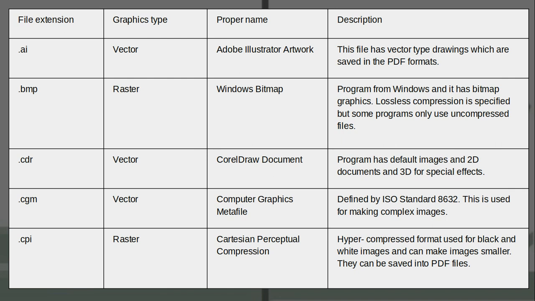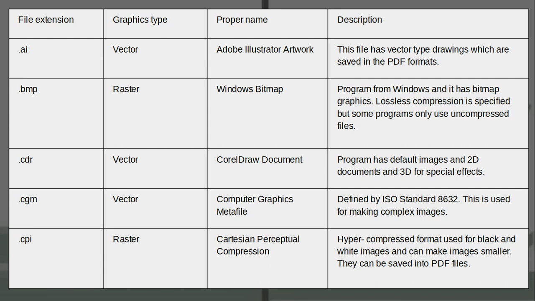So that you could possibly use as well. This file has vector type drawings which are saved in the PDF format. So that's how it will look basically when you get the file. The final copy, I would say. A soft copy on the computer.